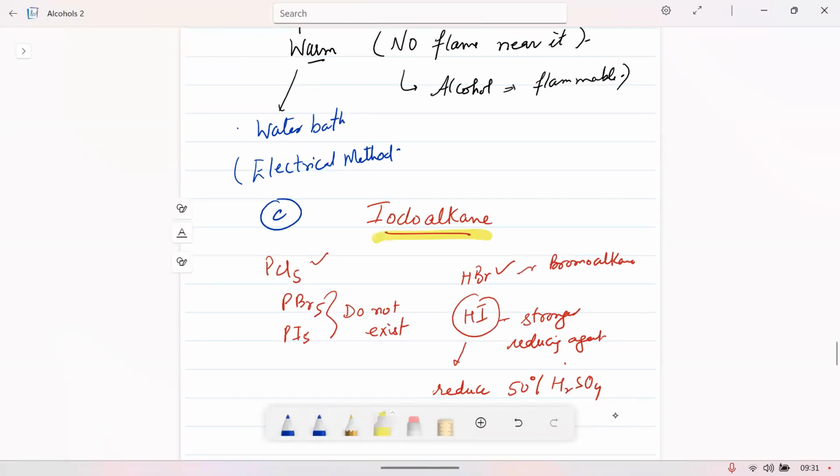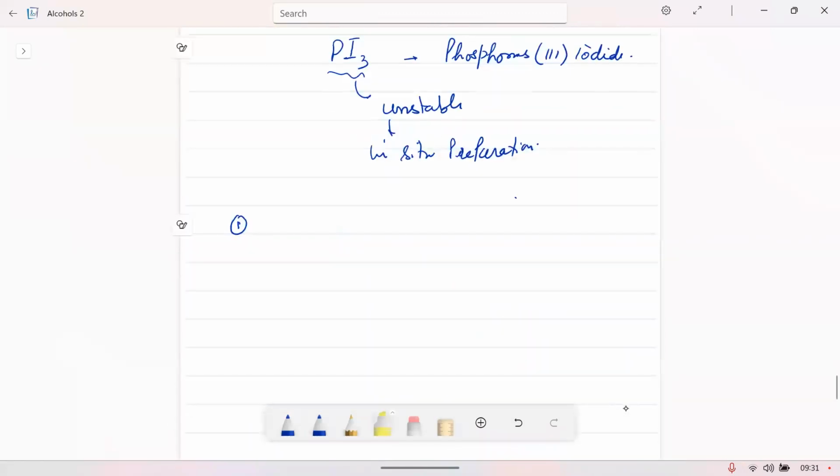So here, what you have to do is you have to take red phosphorus. Phosphorus exists as many allotropic forms: red, white, yellow, and so on. So we have to take red only, react it with iodine to form PI3, and then you can balance it.